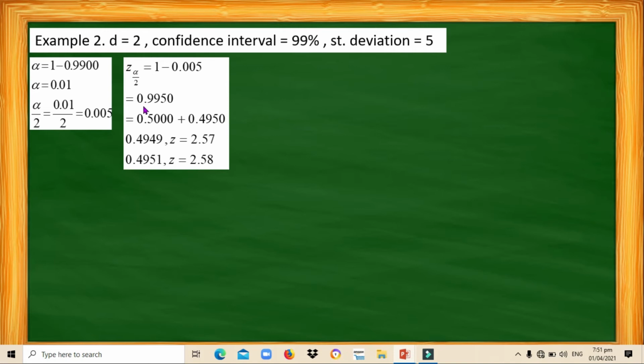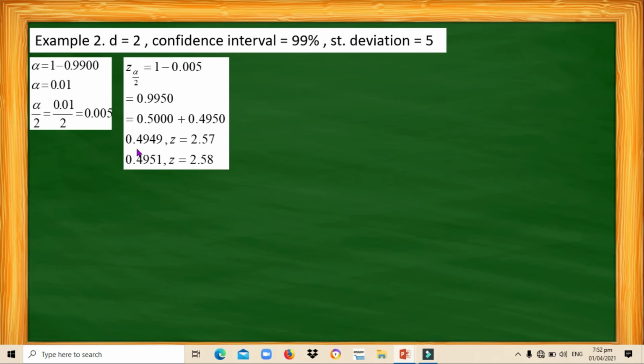So z sub alpha over 2, 0.9950. Break down: 0.500 plus 0.4950. Since there is no exact value of 0.4950, there are two probabilities with the same distance from 0.4950.